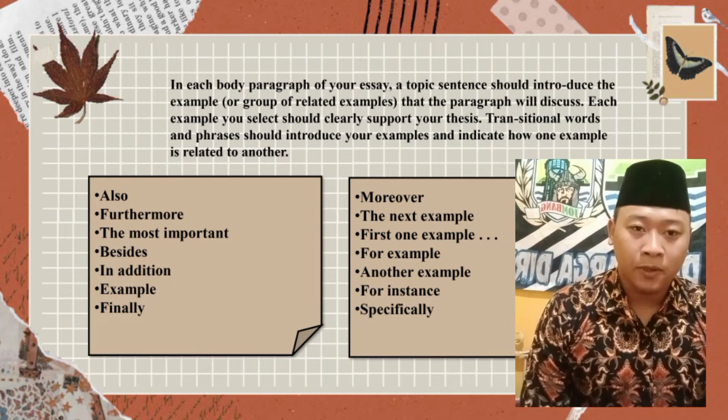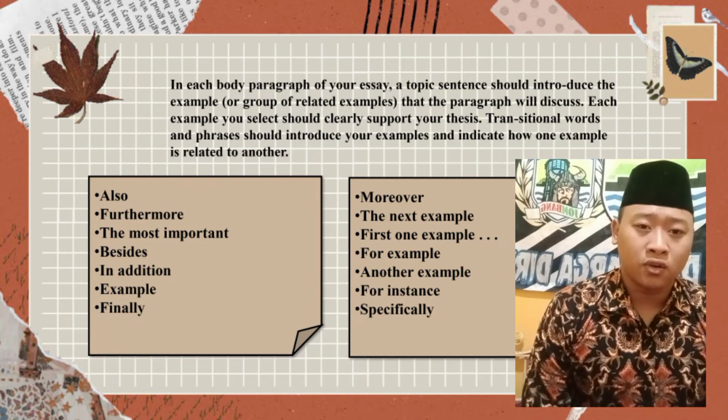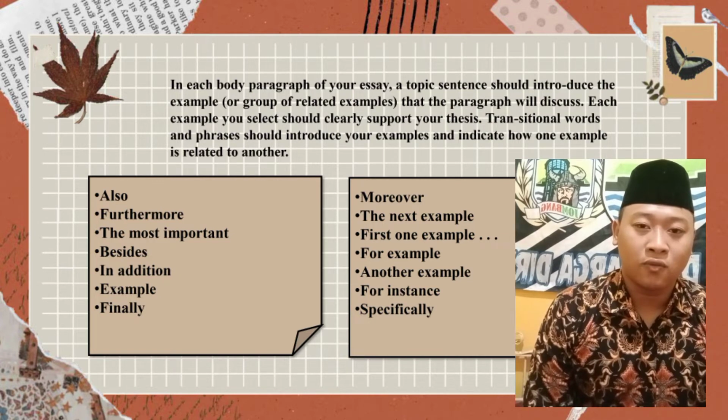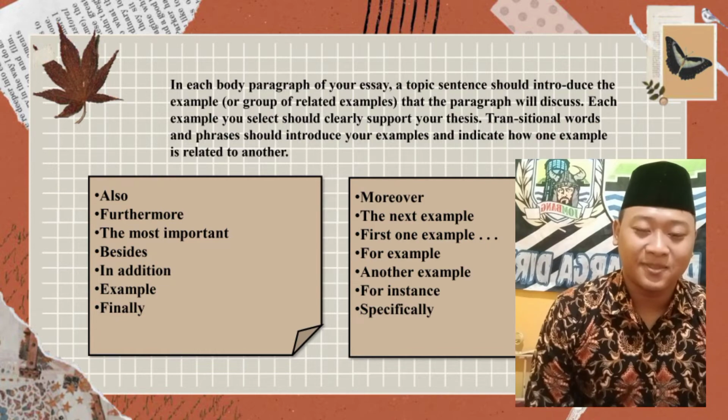Each example you select should clearly support your thesis. Transitional words and phrases should introduce your example and indicate how one example is related to another. This is the example of transitional words you can read and understand.